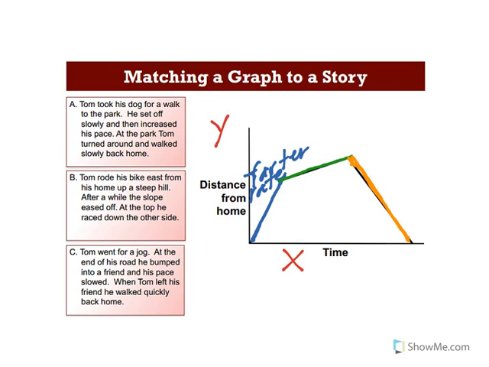So we would have to figure out one of these little scenarios where he went faster and then slowed down and then went back to where he came from. So you would read through each scenario to find which one matched the graph below.